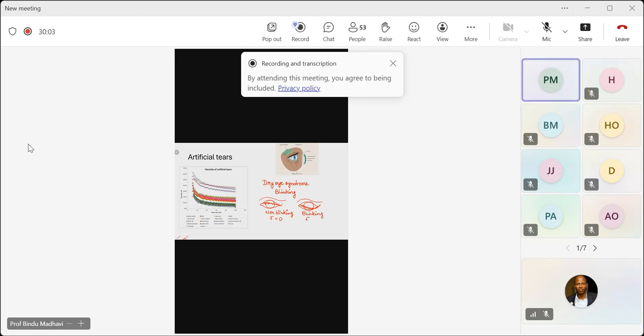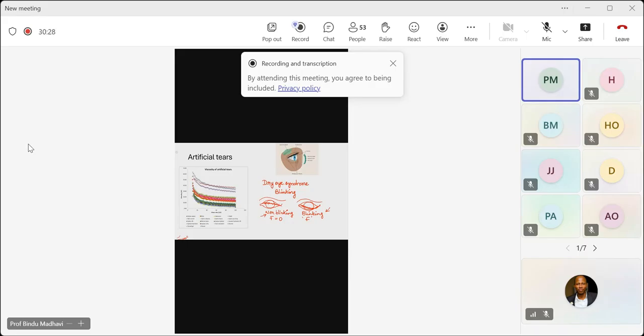So there is some force that is acting. So when shear stress is zero, when there is no amount of shear acting, we are representing the non-blinking condition. And during the blinking condition, because of the movement of the eyelids, there is some shear stress acting on the fluid present inside the eye.